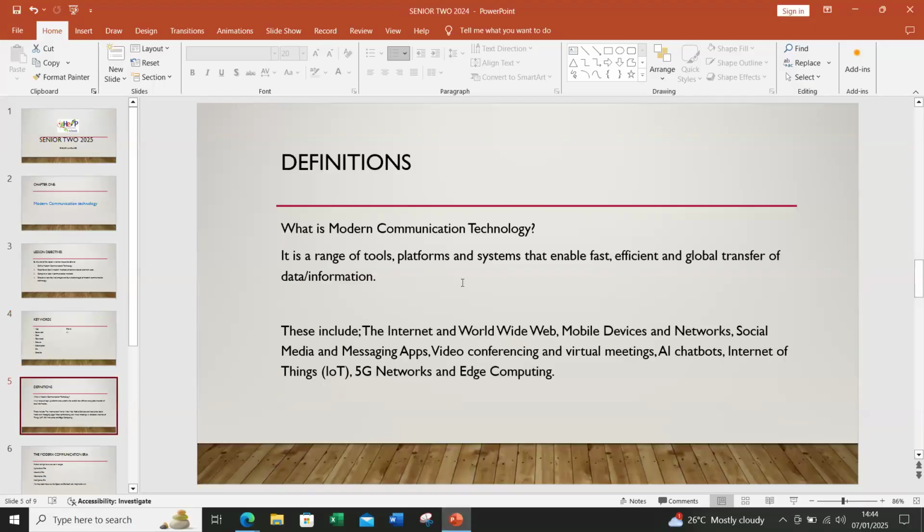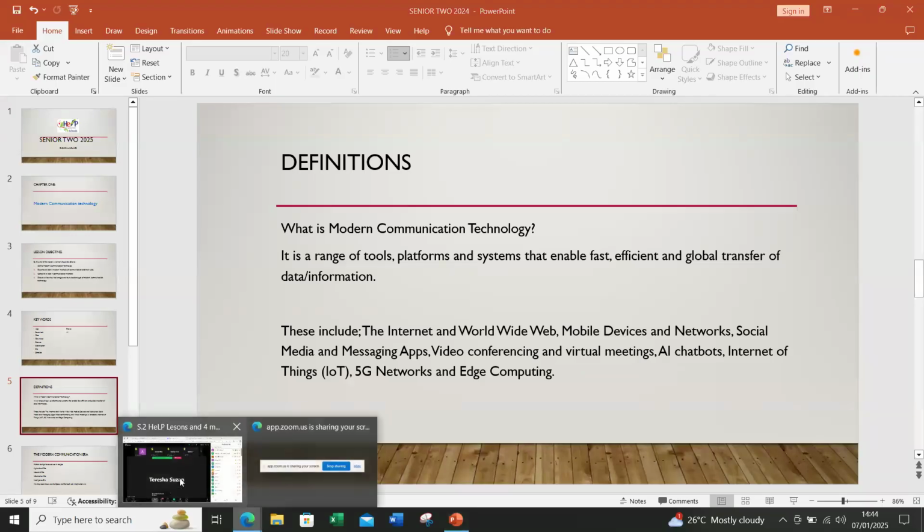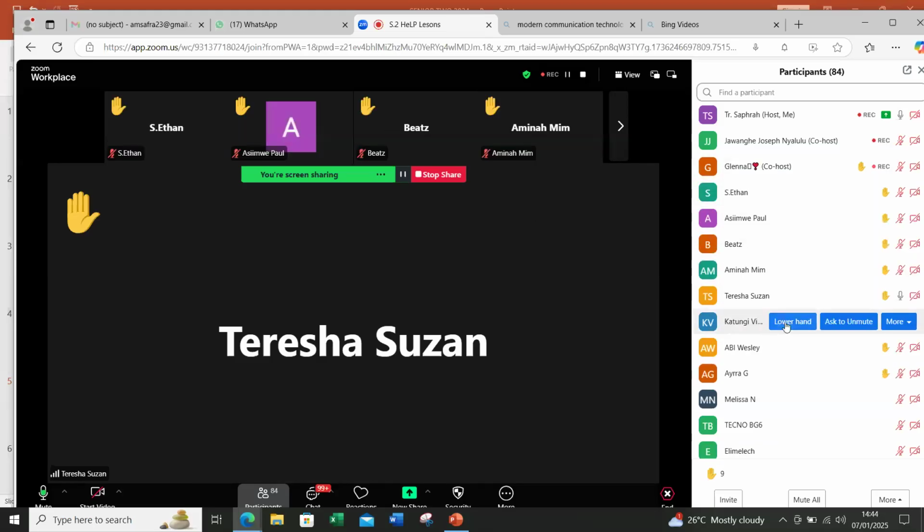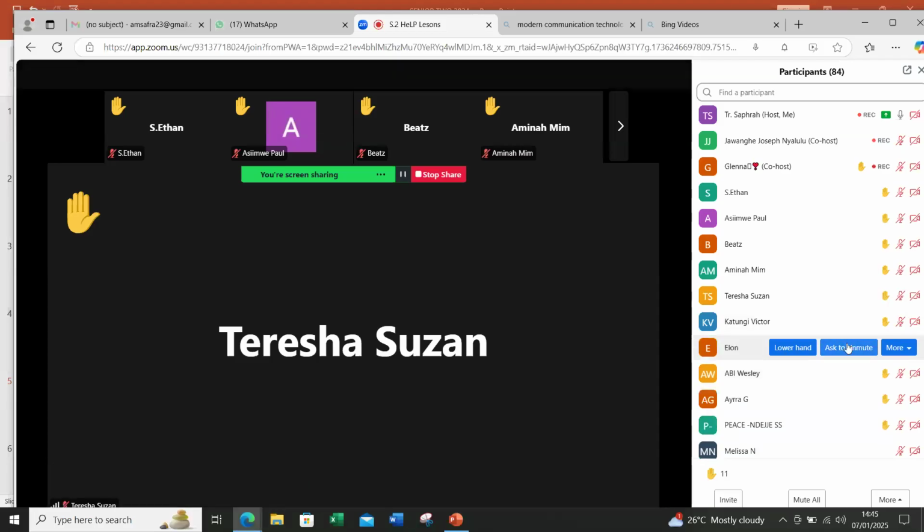Definitions. Okay, so who is going to read for us the definition that we have here, in addition to the very correct definitions that our friends have given us? Who wants to read? I am praying that I get a new name this time. Someone that has not said a thing. Yes, Wesley, the time I picked you, you didn't say a thing. So please unmute, then I will display the work for you to read.